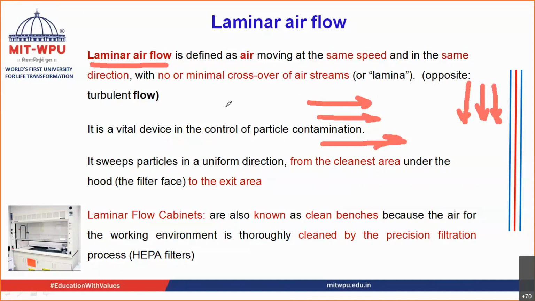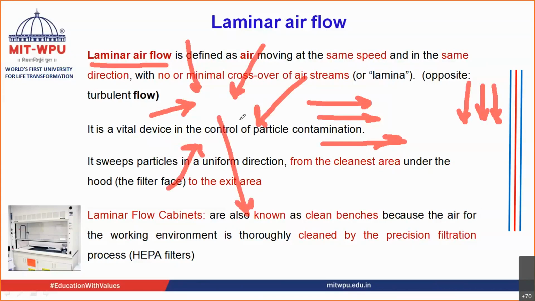For example, the air that you are now sitting in, or I am sitting in, is in a crisscross manner. Some air is coming from here, some from here, some from here. They are coming from all different directions and moving in all different directions.